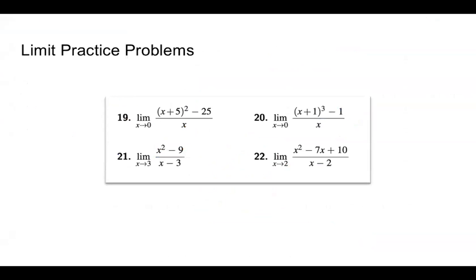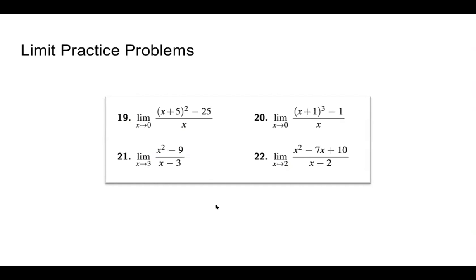I want you to try this question on the Desmos app right now and see what is the limit of the function, x plus 5 whole squared minus 25, over x, when x goes to 0. We will also see the application, like why this is important. But first, I want you to try the GeoGebra app and solve this kind of question.